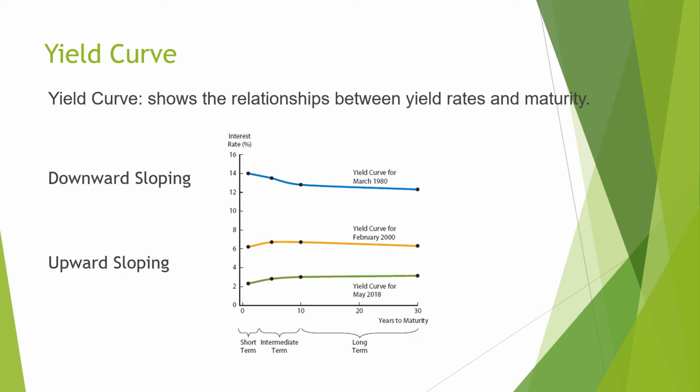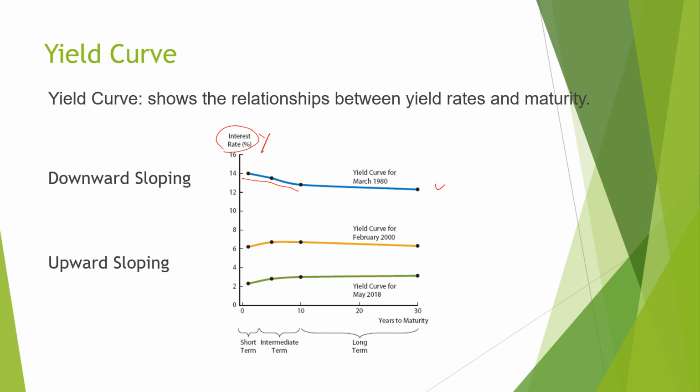The yield curve is to show the relationship between yield rate and maturity. And we can get some signals from the shape of the yield curves about the financial market. Let's say this yield curve, the top one, shows a downward sloping shape.